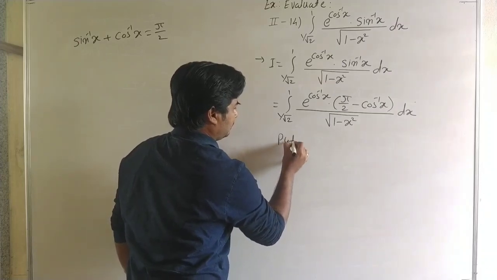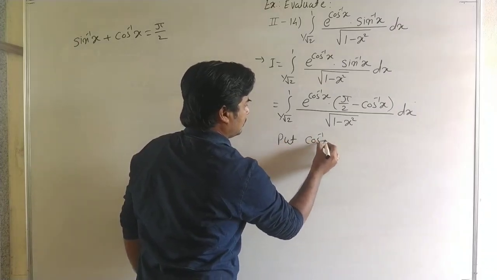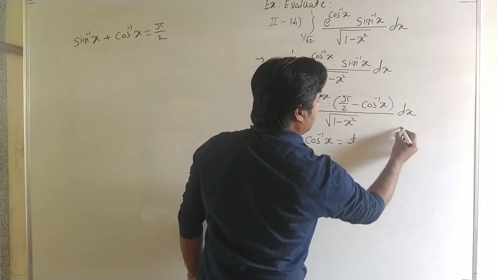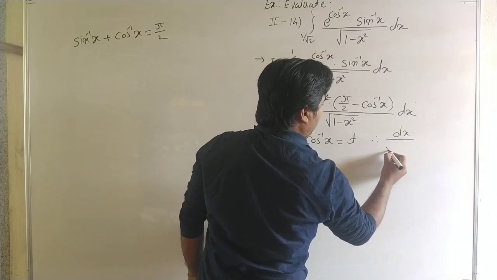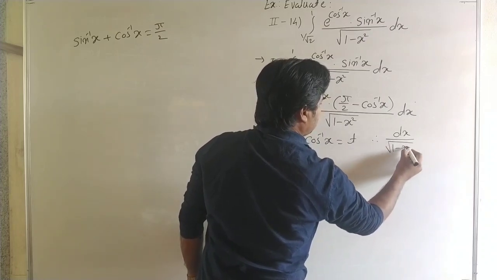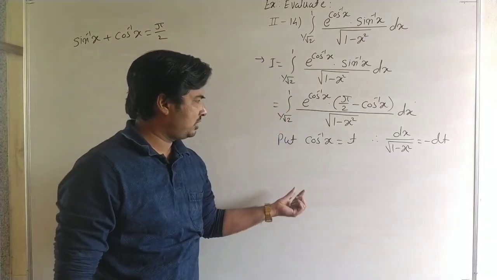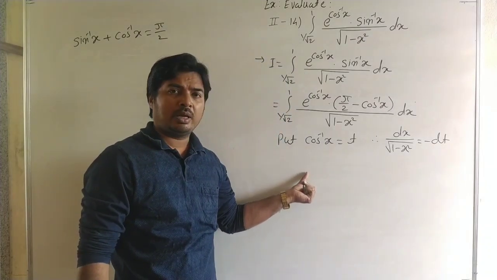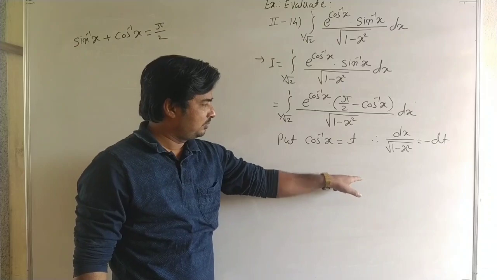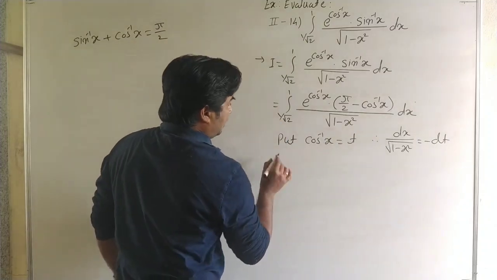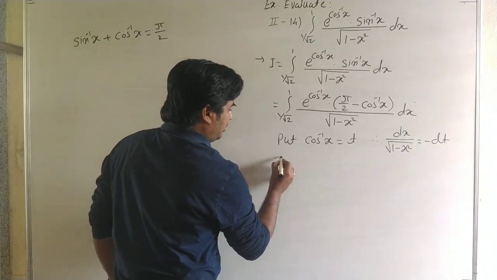Put cos inverse x is equal to t. Therefore dx upon under root 1 minus x square is equal to minus dt, since the derivative of cos inverse x is minus 1 upon under root 1 minus x square. Now it is a definite integral, so change the limits.